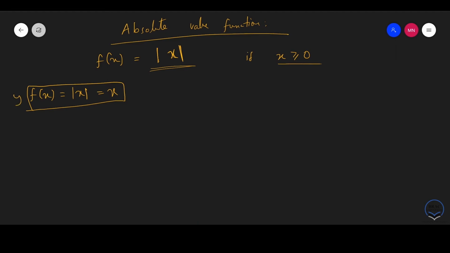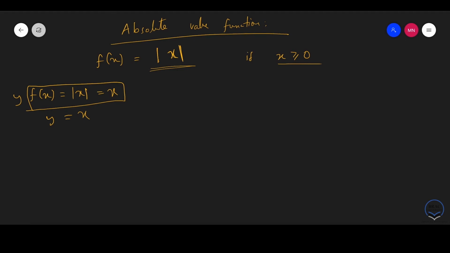So when x is greater than or equal to 0, we will have the graph y is equal to x, right? Because once again, when x is non-negative, then if we had the absolute value of 3, we will just get 3, right? We will just get x back.